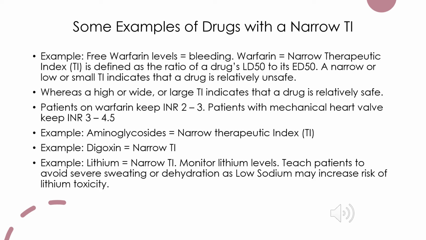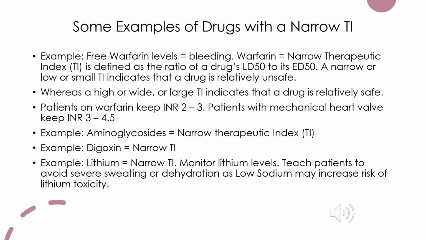Warfarin has a very narrow therapeutic range that produces the anticoagulant effects without also causing bleeding in the patient. Frequent blood tests are done to monitor bleeding risk while still providing the anticoagulant needed.